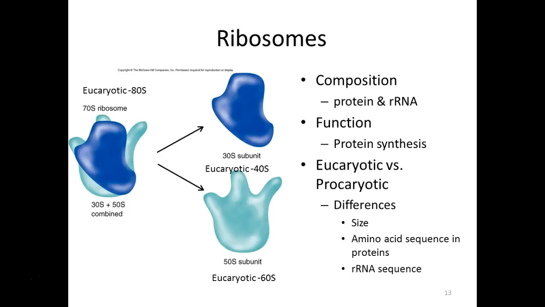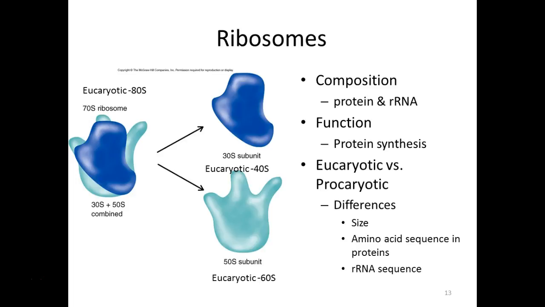So if we were to look at the protein sequence, the amino acids that make up the proteins, they would be different for prokaryotes versus eukaryotes. And even when you get to the ribosomal RNA sequence, you're going to see differences between the two prokaryotes, archaea and bacteria.